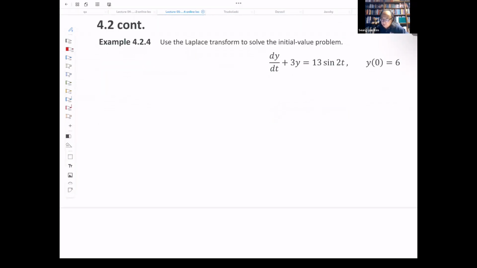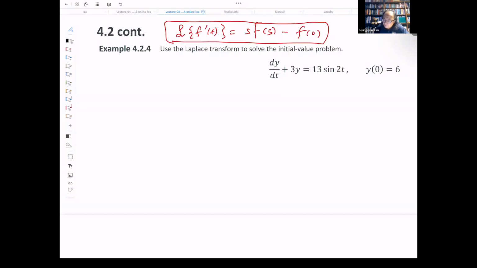Let's do this. You're given dy over dt plus 3y equals 13 sine 2t. So this is y prime of t plus 3y equals 13 sine 2t. Let's take the Laplace transform. Y prime of t becomes s capital Y of s minus y of 0.